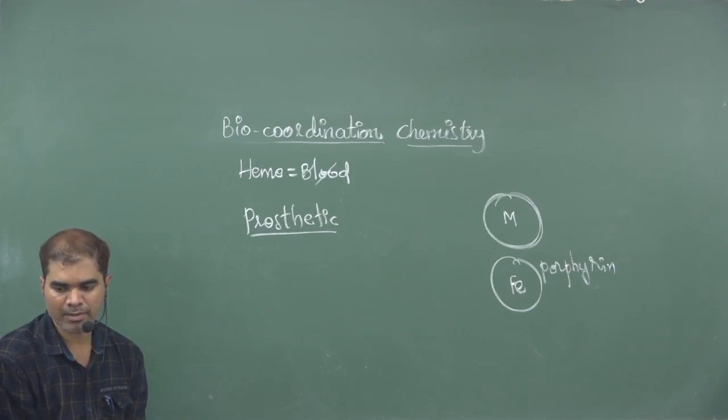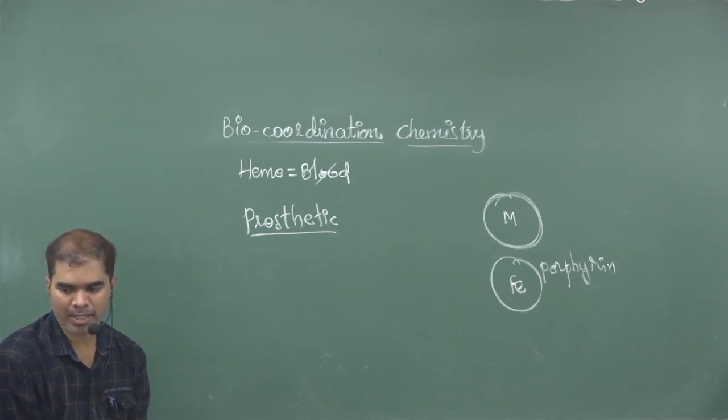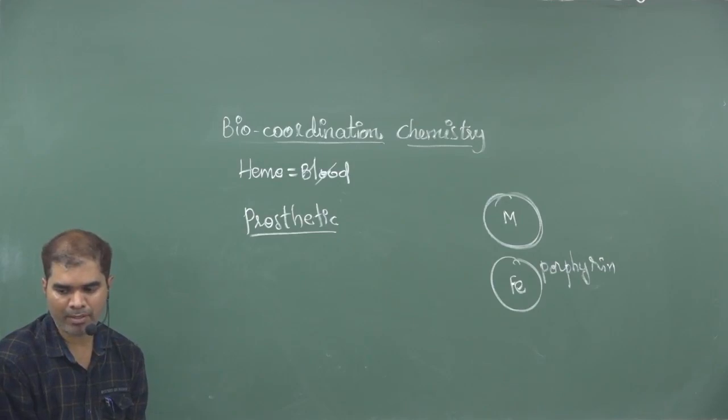Hence HB means hemoglobin. HB is a heme protein. Whereas HR means hemerythrin. HR is a non-heme iron protein.